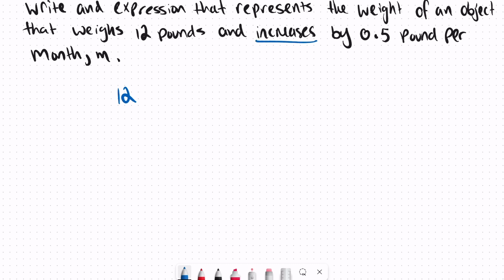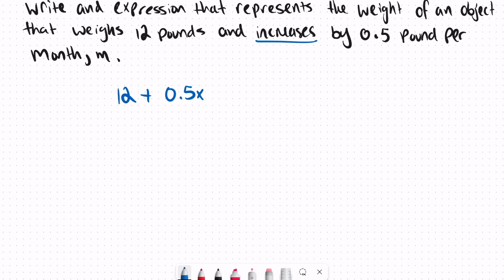So increasing would mean to add the number of pounds it increases per month. So we see here 0.5 pound per month. So we can write down the 0.5 right after the addition. And the key word here that we're looking at is per, which in this problem means to multiply.